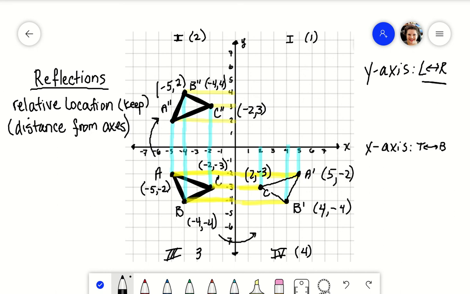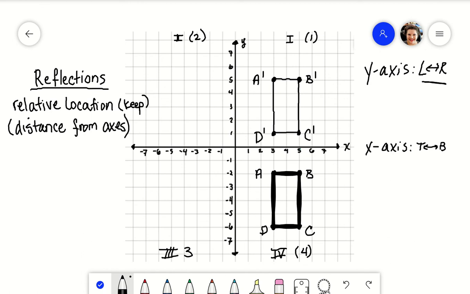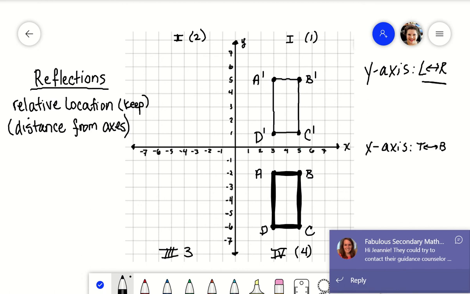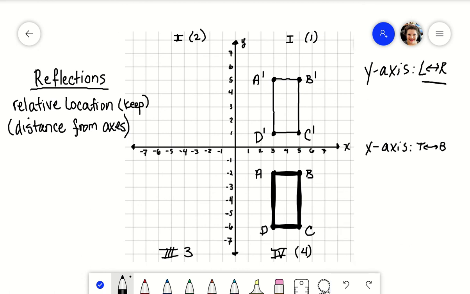Here's what I mean by that. Let's say you're given the pre-image ABCD, and you're given the image A prime, B prime, C prime, D prime. And you're asked to determine whether or not this shape has been reflected.